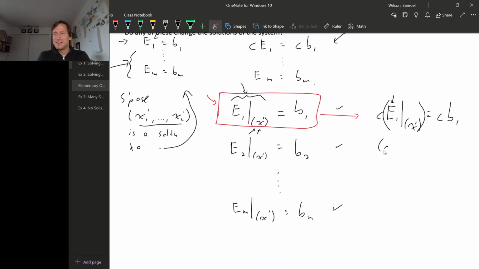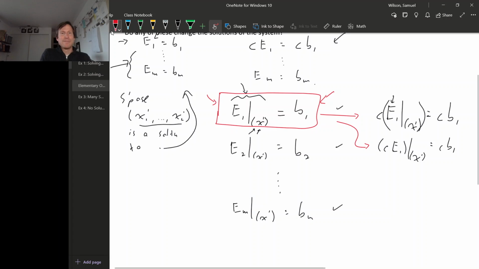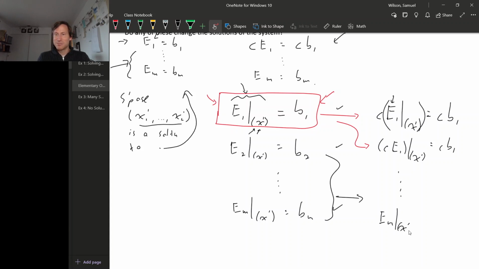So that would be c, the constant, times the expression evaluated at these x values. Okay, so what we've really done is replaced this with that. And none of these other ones change, so these are all the same, all the way down to e sub m evaluated at x prime equals b sub m.